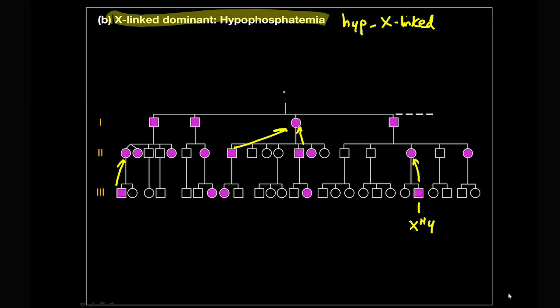Mothers give their X chromosome to their son, but mothers have two X chromosomes, so it's a little harder to say. An affected mother could give that one X with the dominant disease allele to her son, but she might not give it to her son. She could give it to her daughter, or she might not.